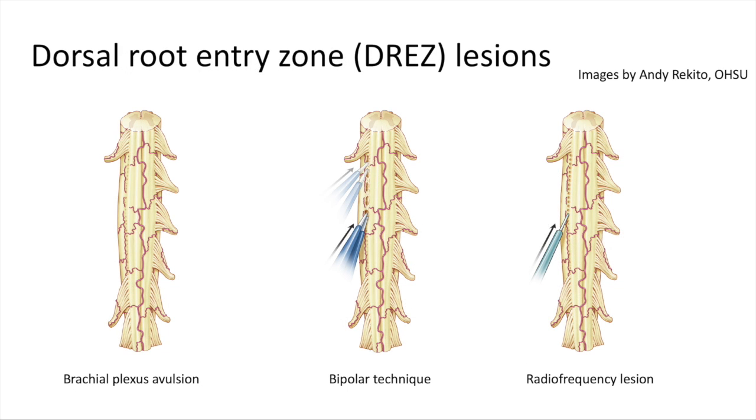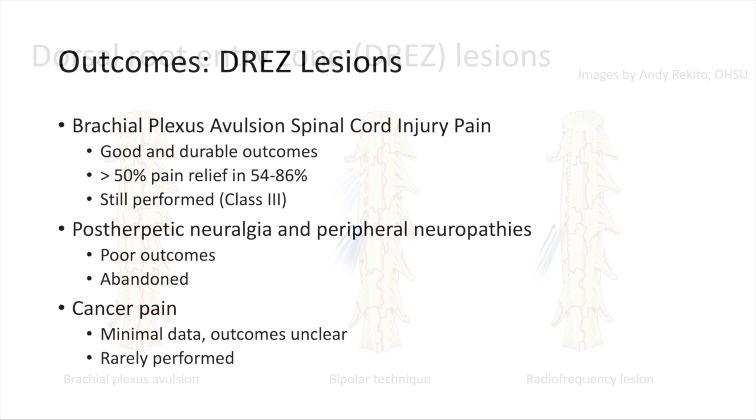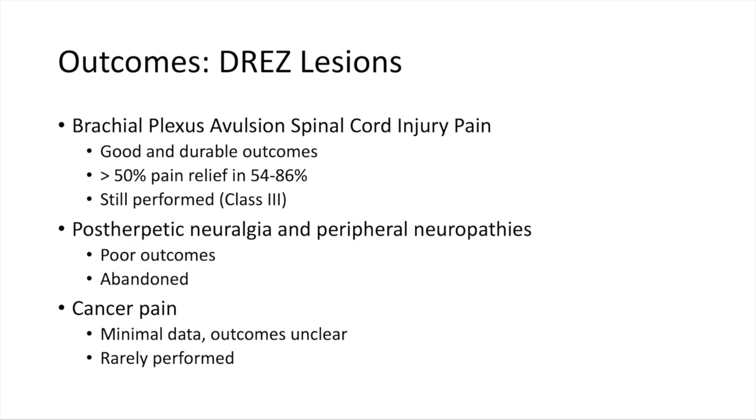DREZ lesions are performed by surgically exposing the spinal cord, demonstrating the absence of dorsal roots in the affected spinal segments. Lesions in the superficial dorsal horn can be made directly using a microknife and microbipolar cautery or by using a radiofrequency electrode.